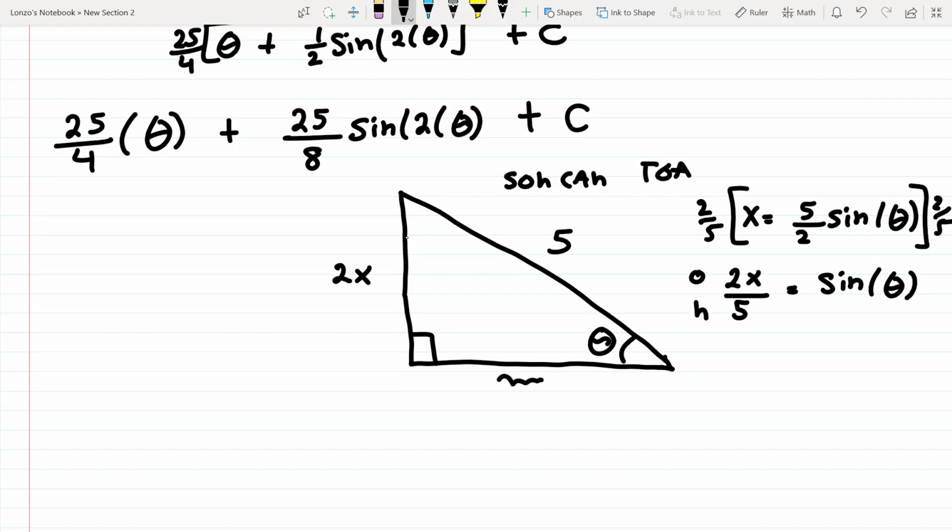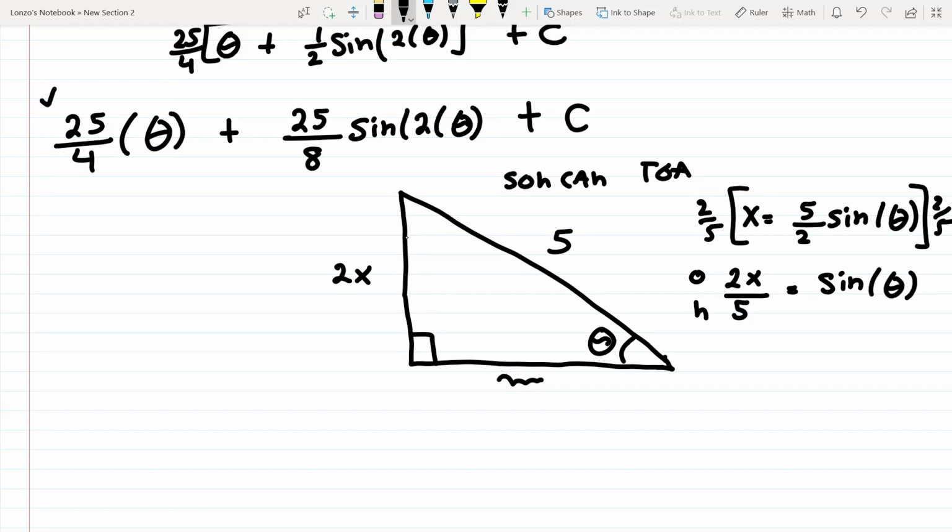Because where we stopped, it's 25 over 4 times theta plus 25/8 times sine of 2 times theta plus c. So all we need to do is find theta, right? I don't think we had to draw the triangle, because we have sine theta equals 2x over 5. All we have to do is solve for theta.